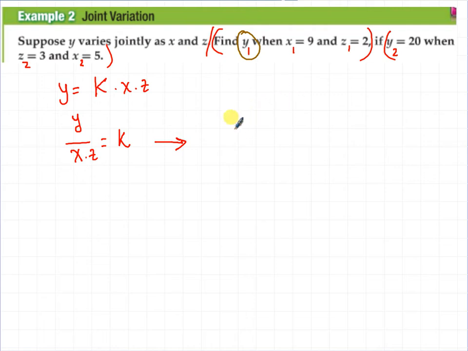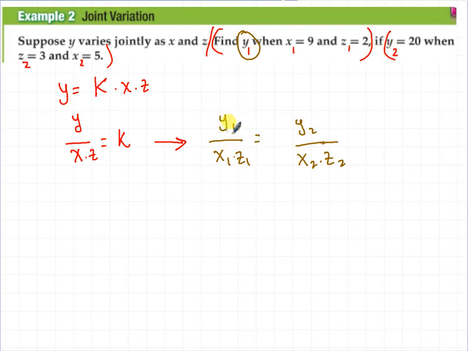So I write, just follow this, take it two times, y1, x1, z1, another time y2, x2, z2. So I would have, every time I'm starting with 2, y1 over x1 times z1 equal y2 over x2 times z2. Once you build this proportion, everything else would be easy. You just replace the values and you solve for the unknown.